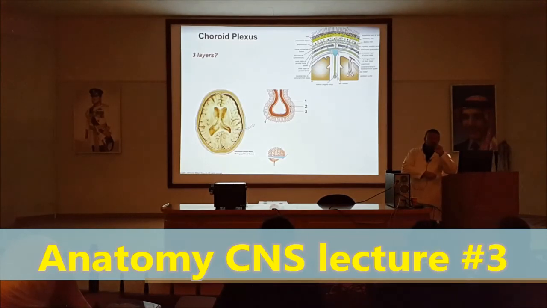So the ependymal cells, or the epithelial cells covering the wall of the ventricle, are the 3rd layer. So this choroid plexus consists of 3 layers: the blood capillary itself with the endothelial cells of its wall, around it covering the piamater, and above the piamater the epithelial cells of the ventricle. 3 membranous layers. This is the choroid plexus.